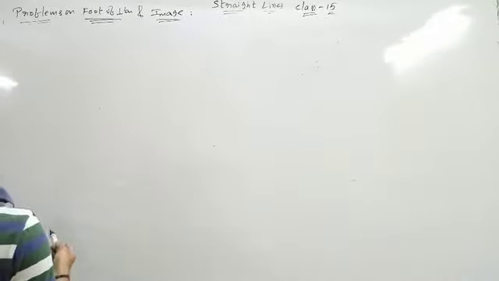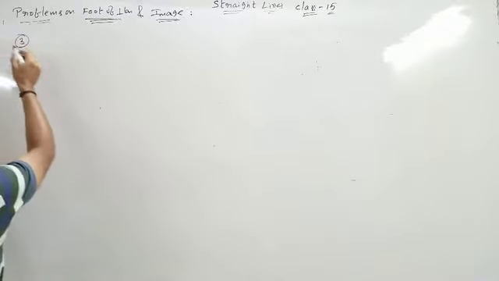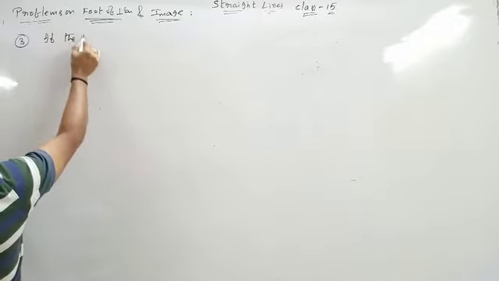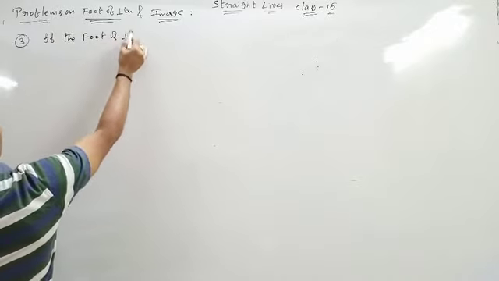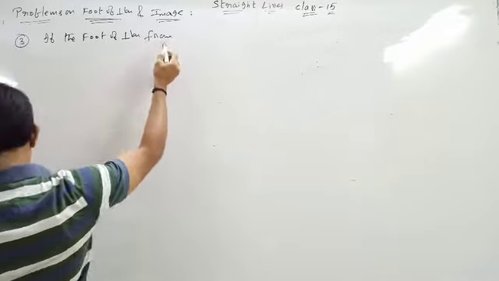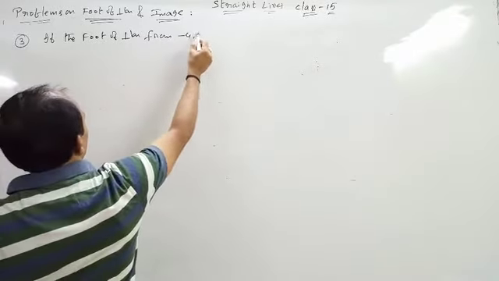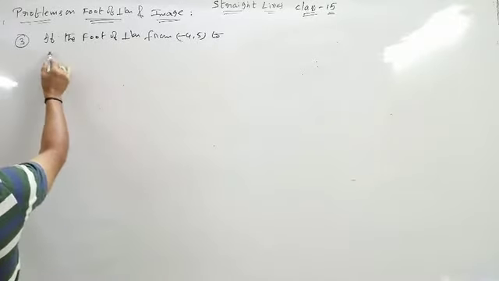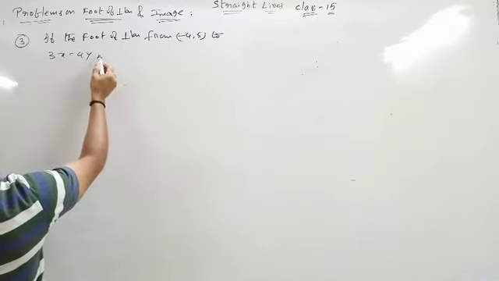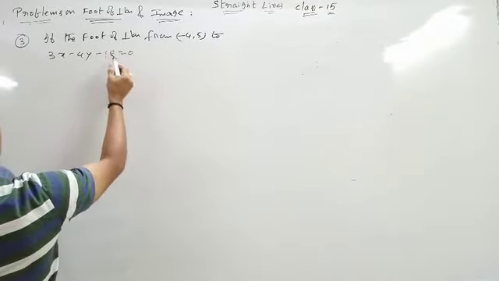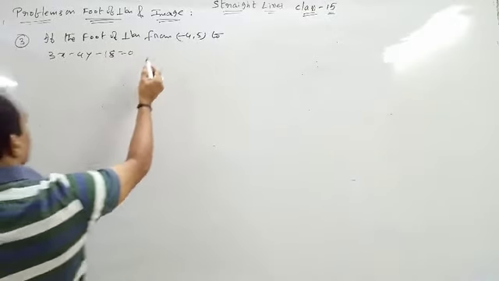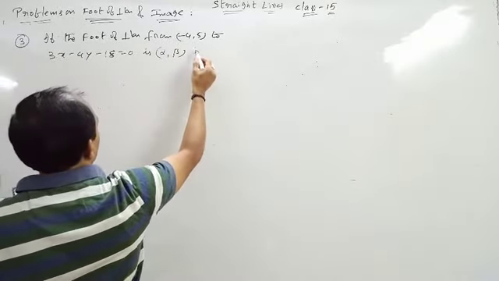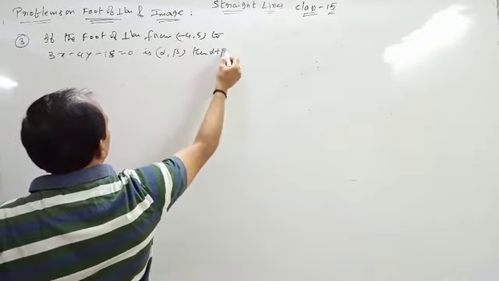Third question: if the foot of perpendicular from minus 4, 5 to the line 3x minus 4y minus 18 is equal to 0 is alpha, beta, then alpha plus beta is equal to.